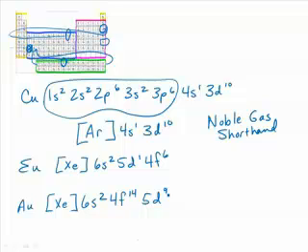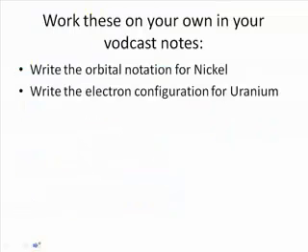Okay? I think this should get you enough to get some practice. One of the things I'm going to be looking for in your vodcast notes, so that I know that you watched this vodcast, is I would like for you to include, and let's change that. I forgot that I asked for nickel here. Let me pick a different element.